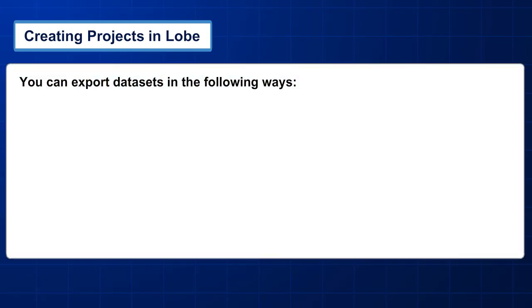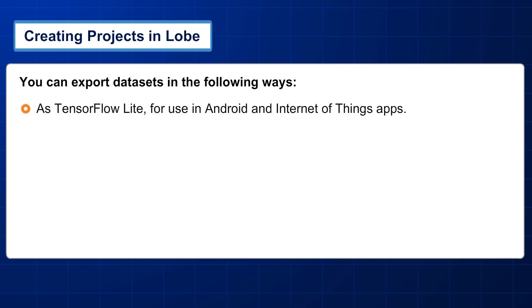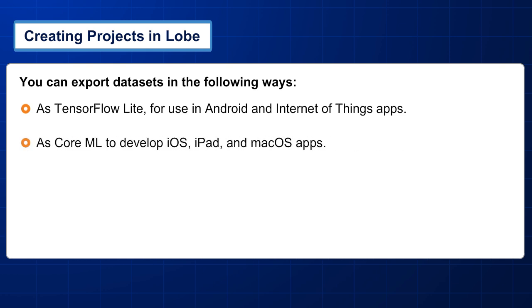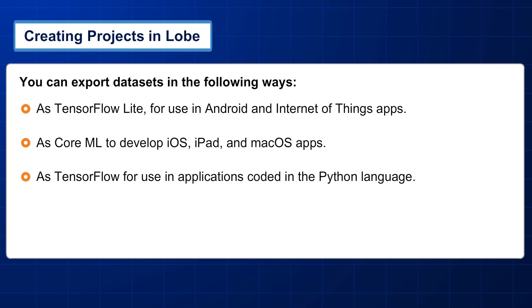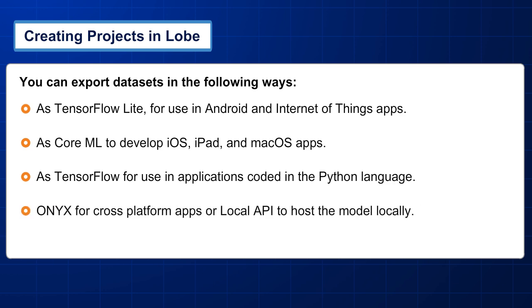You can export data sets in the following ways: as TensorFlow Lite for use in Android and Internet of Things app, as Core ML to develop iOS, iPad and macOS apps, as TensorFlow for use in applications coded in the Python language, ONNX for cross-platform apps, or local API to host the model locally.